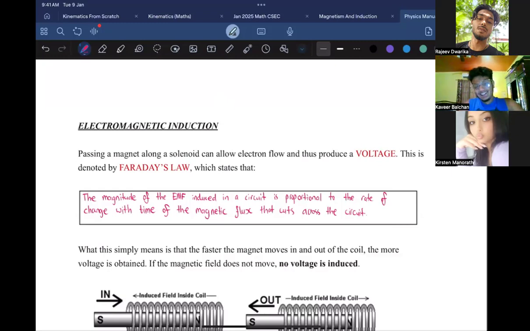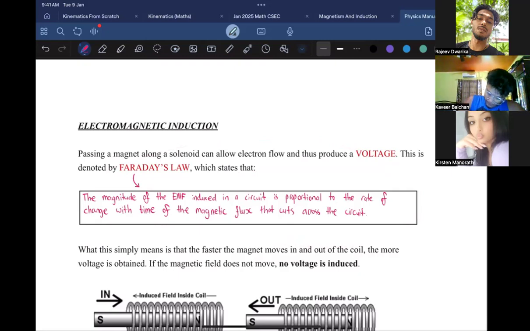So Kirsten, can you see the screen? Yeah. All right. Kirsten, I want you to read my definition for Faraday's law. That's the one in red right there. The magnitude of the EMF induced in a circuit is proportional to the rate of change with time of the magnetic flux that cuts across the circuit.